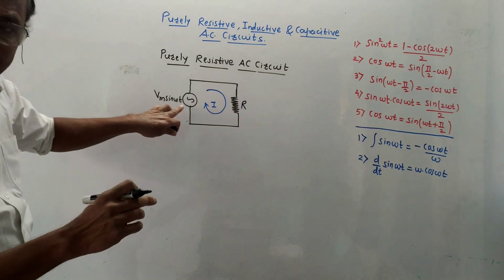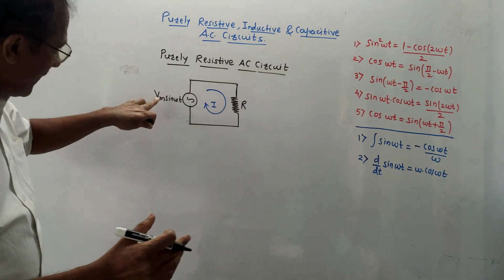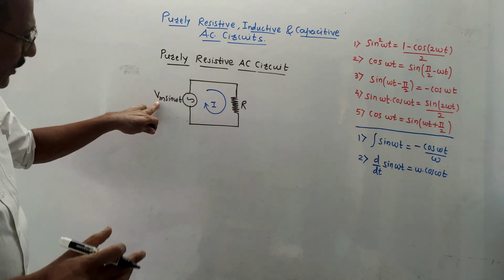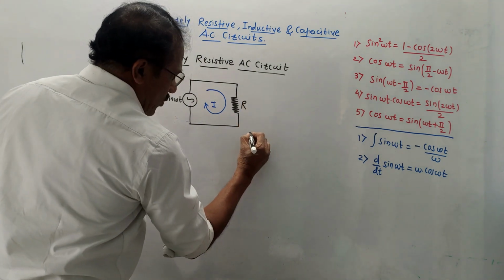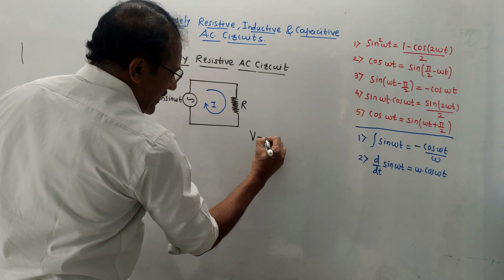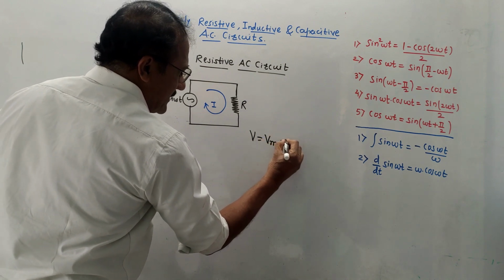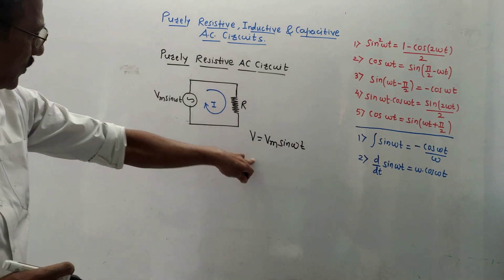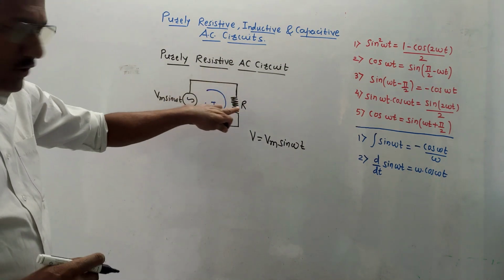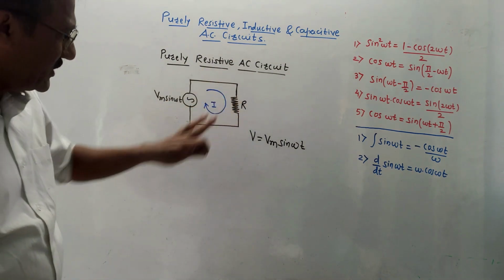I have considered a sinusoidal supply voltage. Vm is the maximum value of supply voltage. Now, to make it simple, I will write V is equal to Vm sin omega t. This is the equation of supply voltage which we have supplied to the resistive circuit, that means to the resistor.